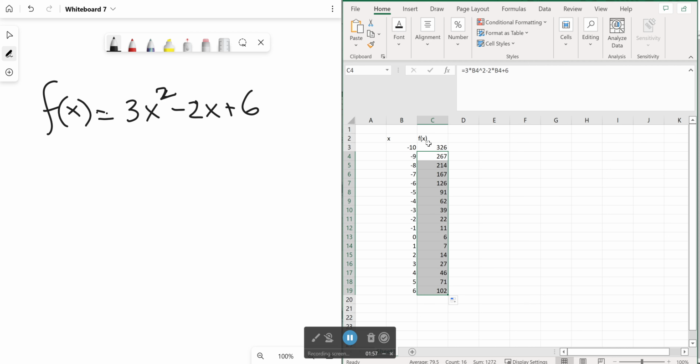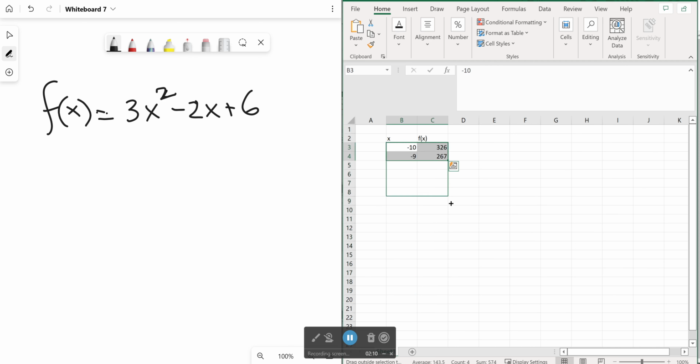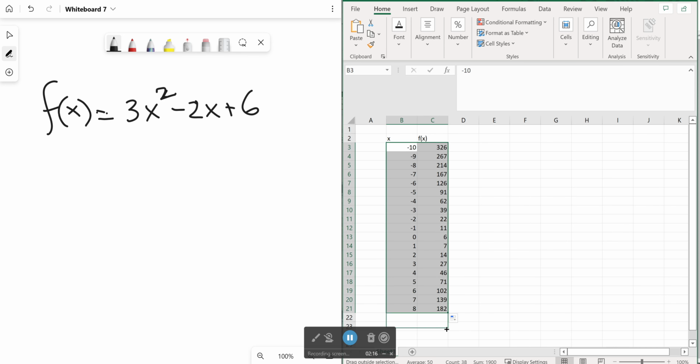Or to be more efficient, I could do them at once, so highlighting all 4 cells, and before copying the pattern down, I drag it down until I get where I need to be. So let's say 8, 9, 10. So here I have my table.